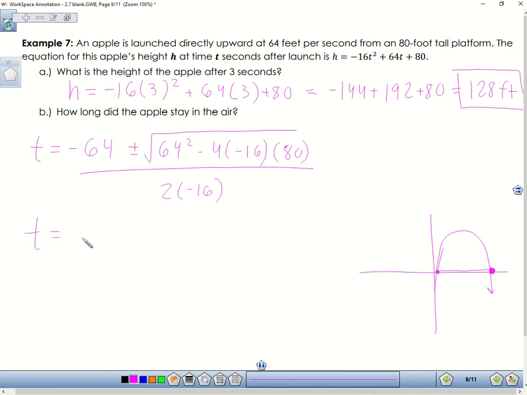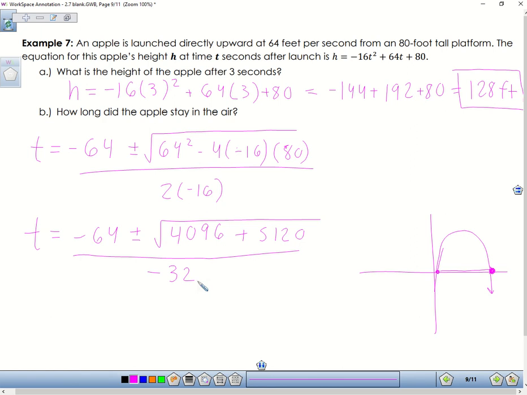This is t equals negative 64 plus or minus the square root of 64 times 64 plus 4 times 16 times 80 all over negative 32.